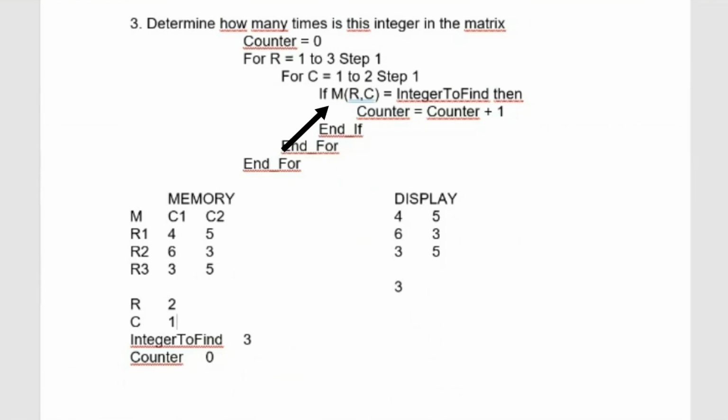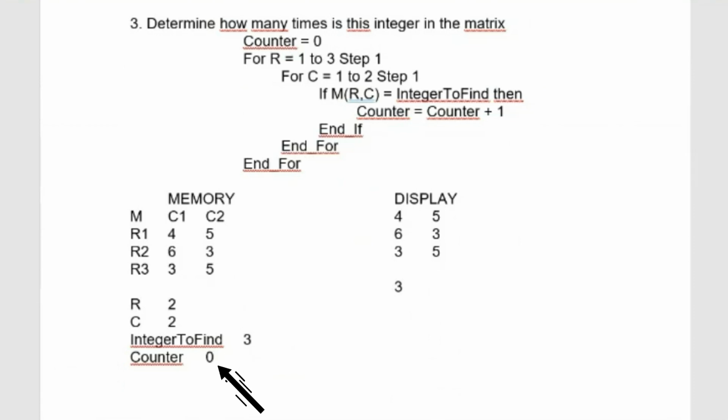Ask if M, row 2, column 1, is 6, is equal to integer to find, that is false. So, end if. Now ask if matrix M, row 2, column 2, this 3 is equal to integer to find, that is true.